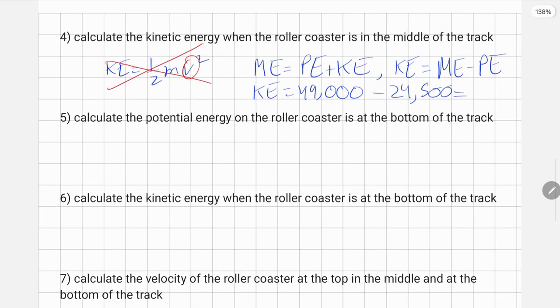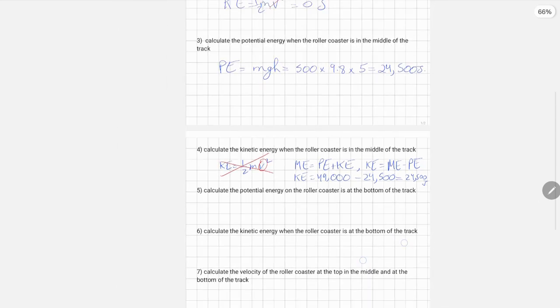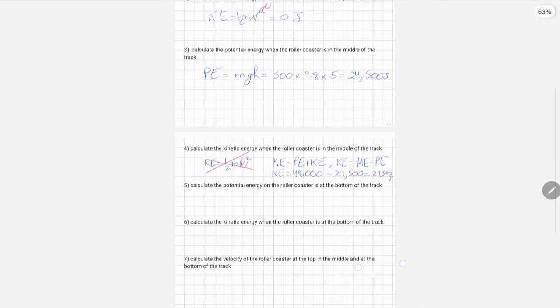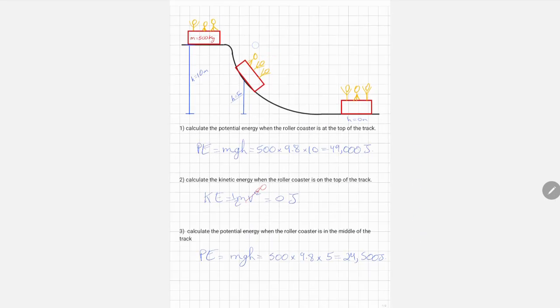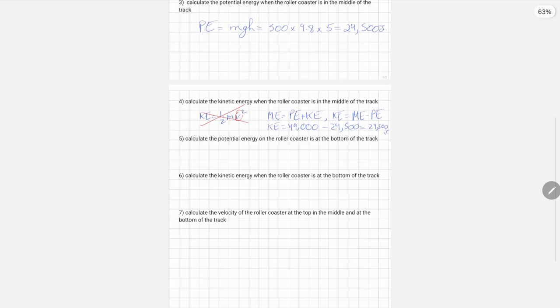We plug in this number here, 24,500, and we get a not surprising number, 24,500 joules, which makes perfect sense because the energy is divided between the potential energy and the kinetic energy, given that the roller coaster now is in the middle of the track. So, moving on, calculate the potential energy on the roller coaster at the bottom of the track.